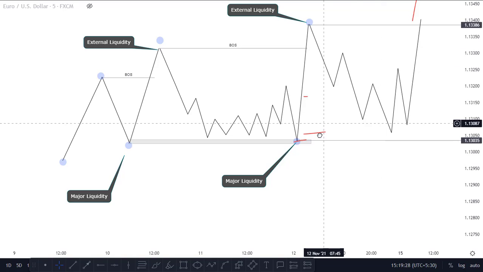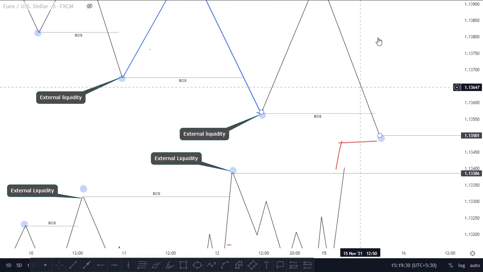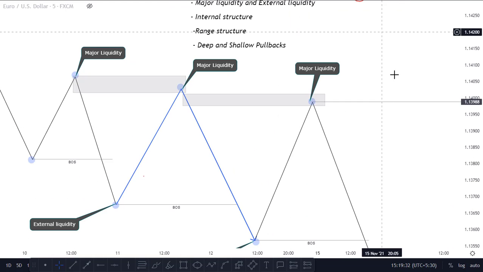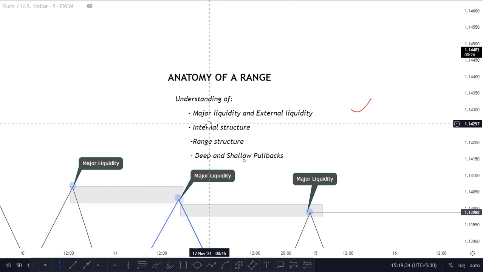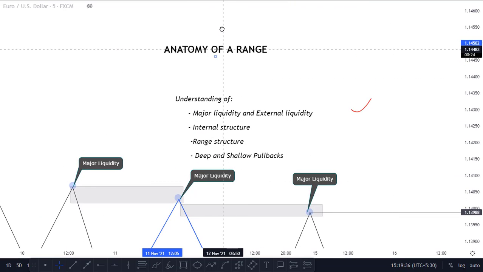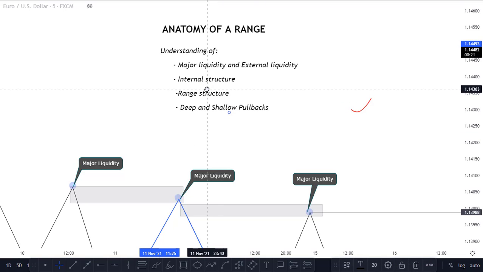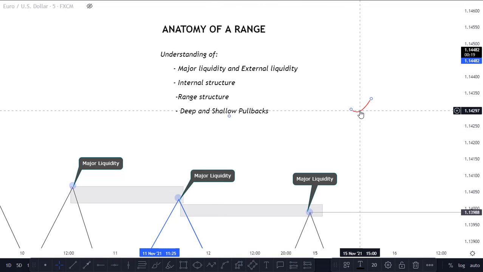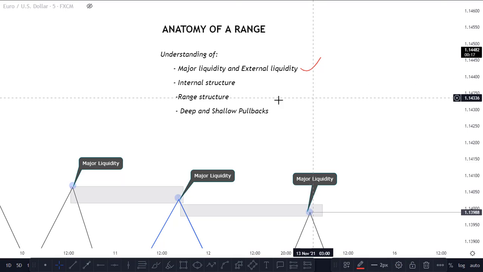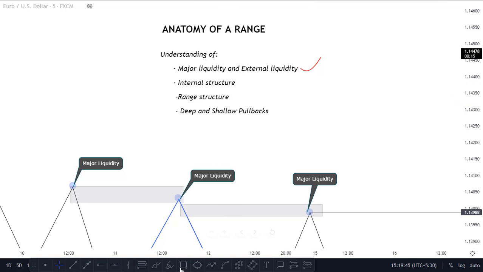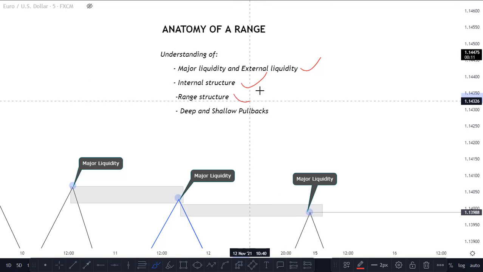Now, we are done talking about major liquidity and external liquidity. Then what is internal structure and range structure?